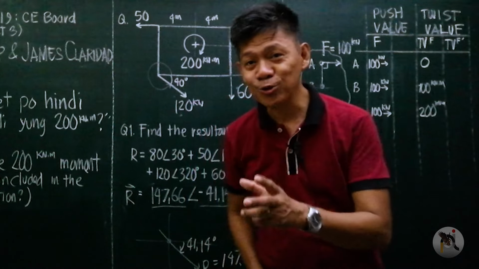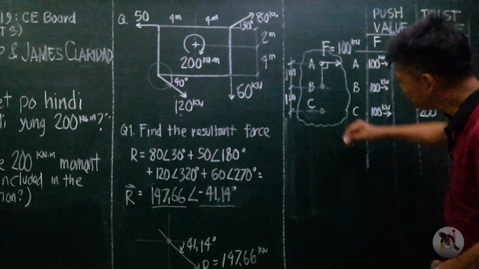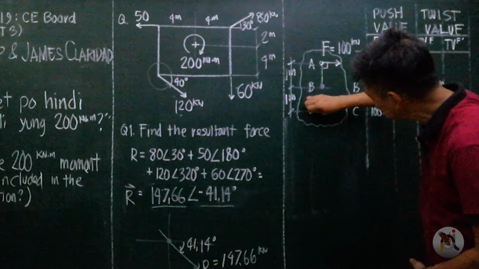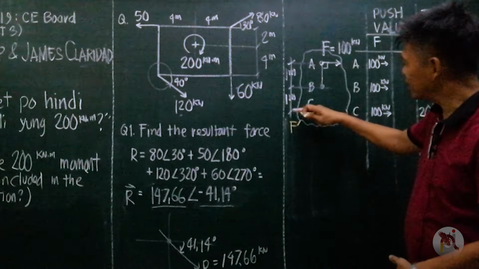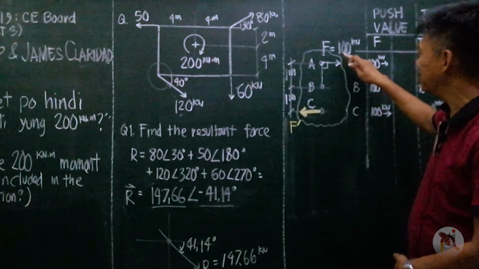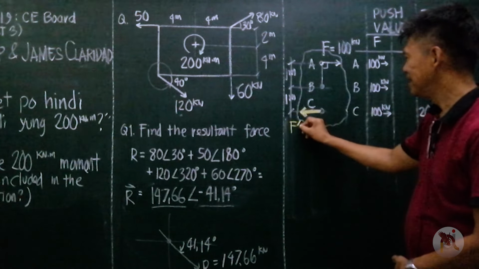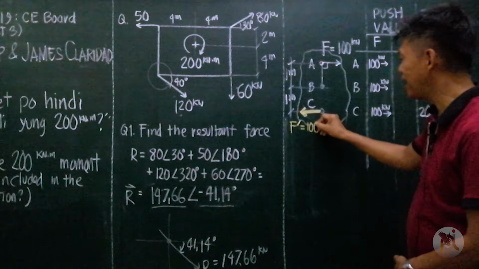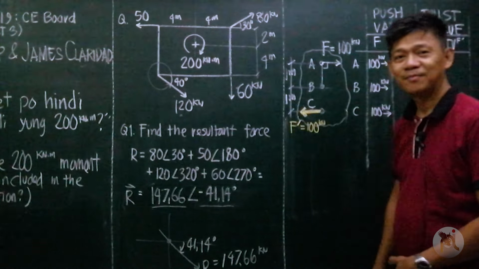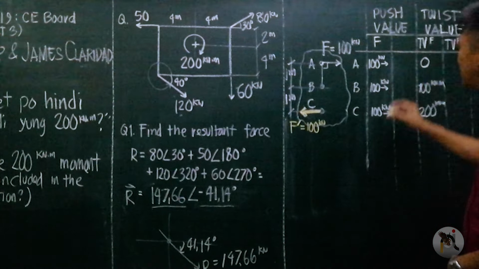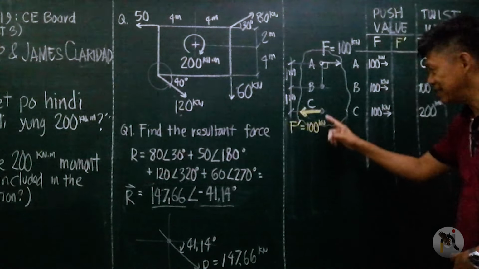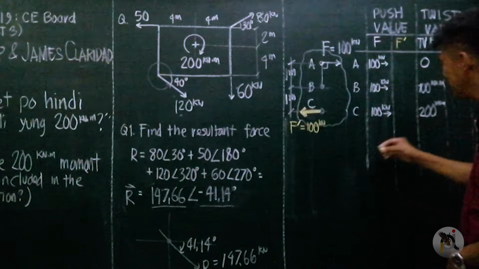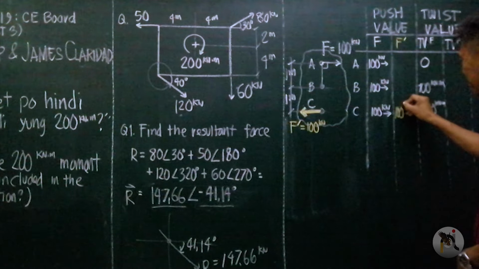Now let me introduce another force. Let me call it F prime, exactly opposite, but parallel to F. And this is also 100 kilonewton. Now, what is the push value of F prime at C? 100 kilonewton to the left.